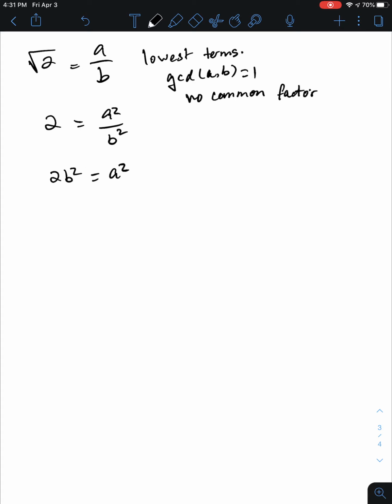All right. So here what we've got is this relationship between A and B. Now A can't be odd, because if A is odd, that means A squared is odd. And think about that. 1 squared is 1, and 2 squared is 4, and 3 squared is 9, and 4 squared is 16, and 5 squared is 25, and so on.